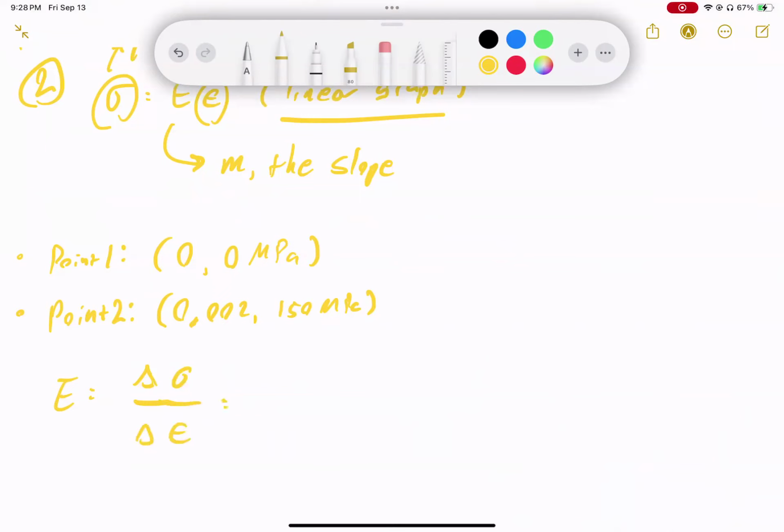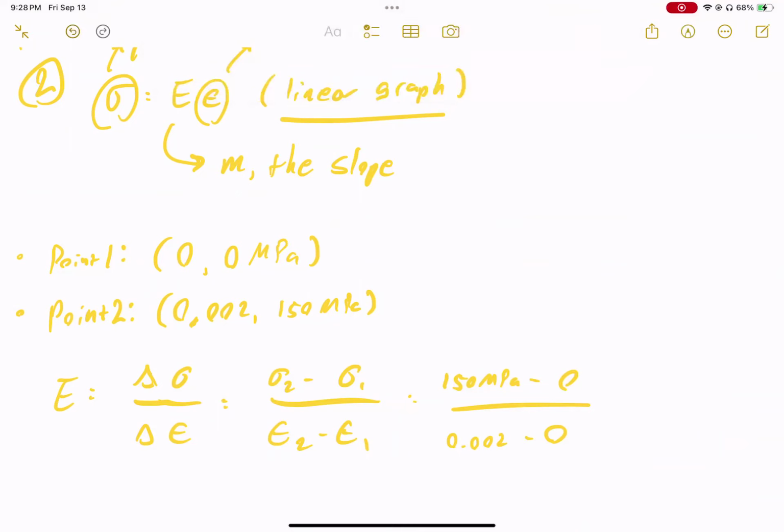So then that's going to be stress 2 minus stress 1, over strain 2 minus strain 1. So then that's going to be 150 megapascals minus 0, divided by 0.002 minus 0. And remember, elongation is technically a unitless value.